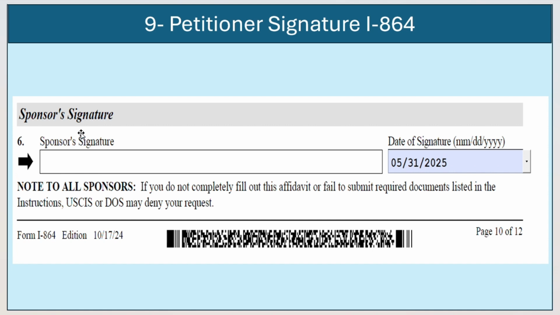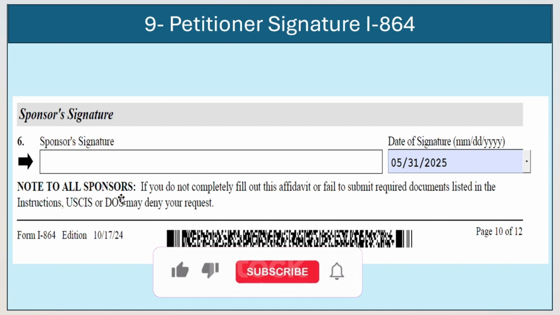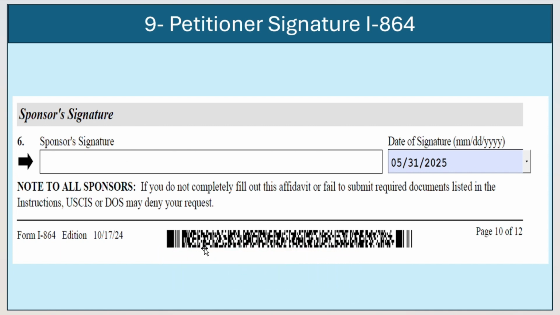If you forgot to sign it, or you sign it with a different color, or you put your full name, or you initial it, your I-864 will be rejected. That's my big advice. For the last 3 items we are going to talk about, if you made a mistake, USCIS will reject your case, not send a request for evidence.